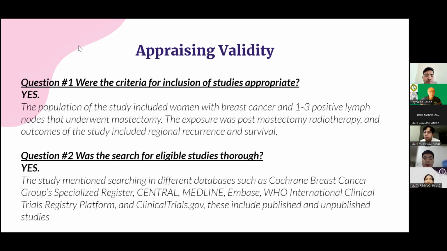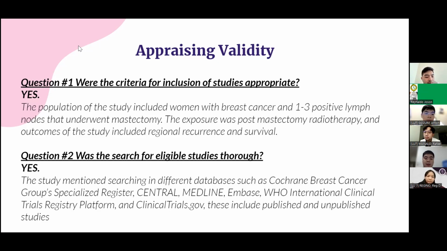So the second question is, was the search for eligible studies thorough? The important part here is that we not only include published articles, but we also have to look through unpublished clinical trials, because there's more bias towards positive results when publishing.